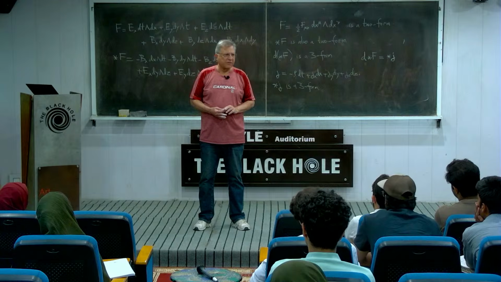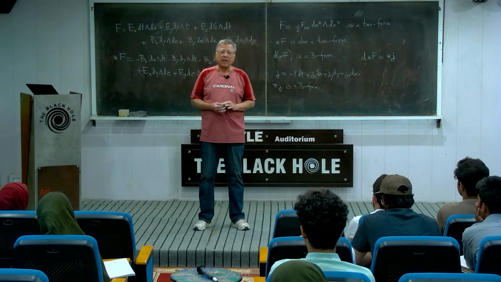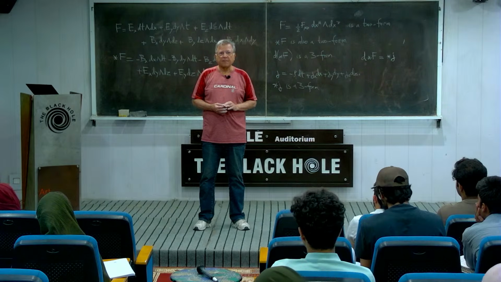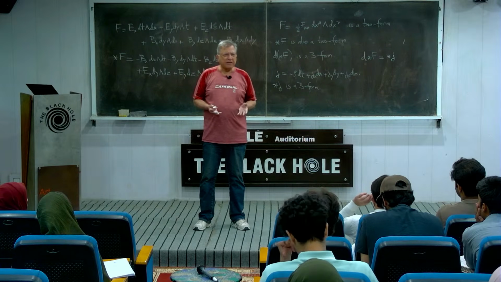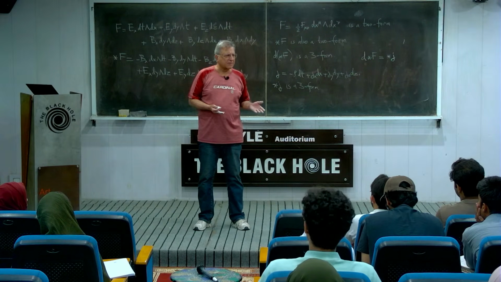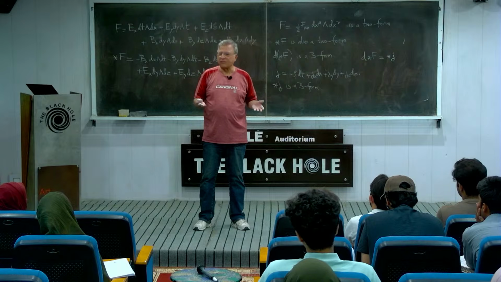So what's the advantage of all this? Okay, we got rid of the indices, but so what? You see, the homogeneous ones, we didn't even need to ask what is this A, what is A mu?